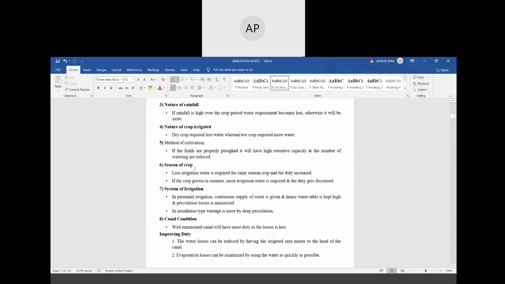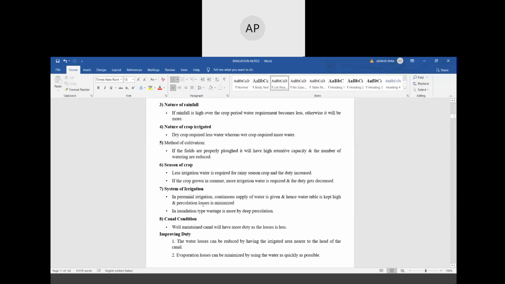Next is season of crop. Less irrigation water is required for rainy season crops and therefore the duty is increased. Next, if the crop is grown in summer, more irrigation water is required and the duty gets decreased.